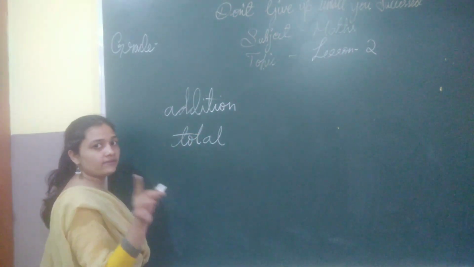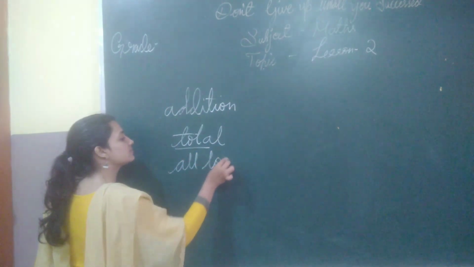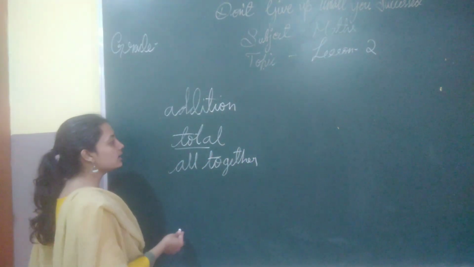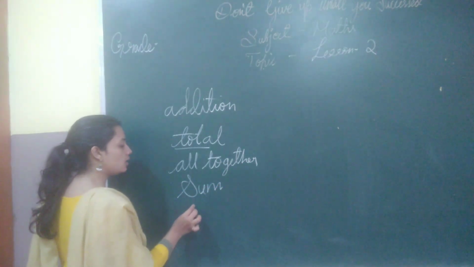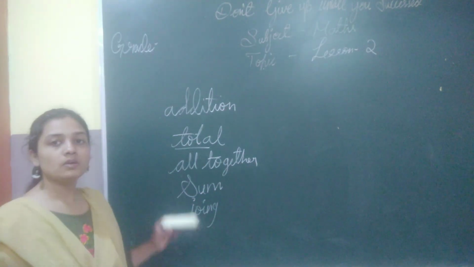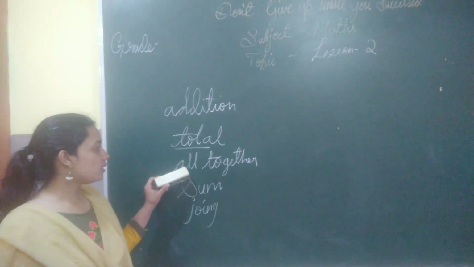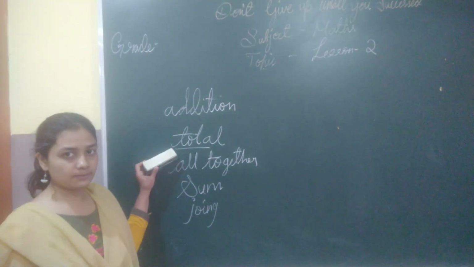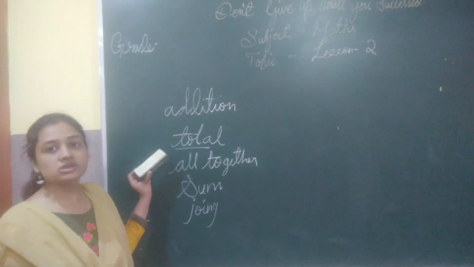In the question, if you find any word saying total, all together, and then sum, join, whichever is telling these types of words, then it means the problem is addition. Total, all together, sum, all three are very important. Mainly you can see total in the statement. If you see it, then it is understood that it is an addition problem.